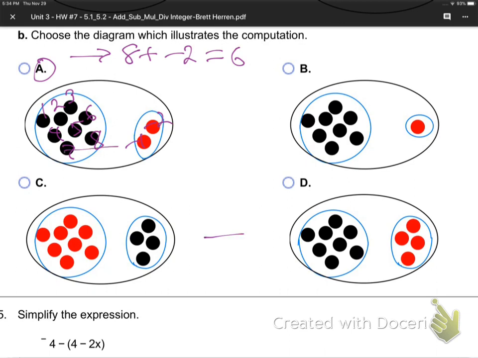See, this negative and this positive cancel, this negative, this positive cancel, and we're left with 6, aren't we? It equals 6. See how that diagram shows it? The other ones don't. This is just negative 1. This is negative, I don't know what, 6, 8. That's not right. This is negative 4. It's supposed to be negative 2 and positive 8. So A is the right answer.